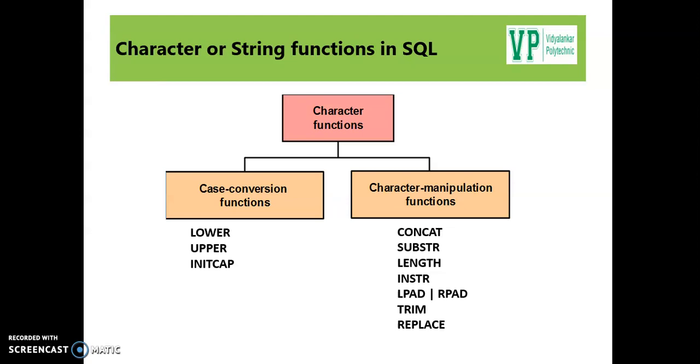In case conversion functions, you can see three types are there: lower function, upper function, and initcap function. The lower function takes input and converts all the characters into lowercase, whereas the upper function takes input and converts all the characters into capital letters, and initcap takes input and converts the first letter of each word into capital.